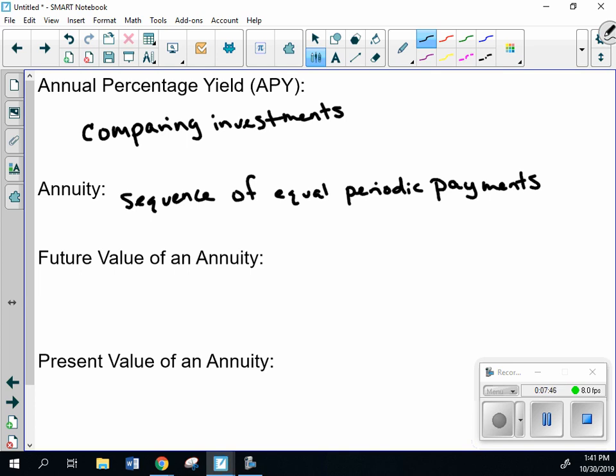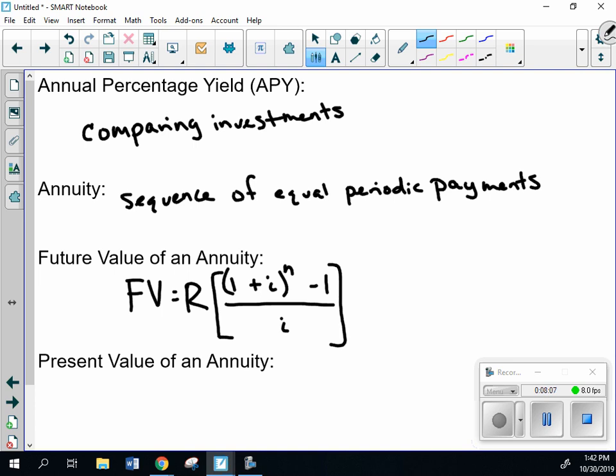So this formula is in the form of future value equals R, and I'll explain what these are, times ((1 plus i) to the power of n, minus 1) over i. Okay, and in this situation, the R is your dollars. Your i is your interest rate in terms of the compounding period.